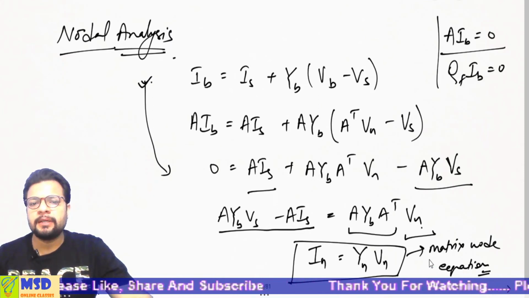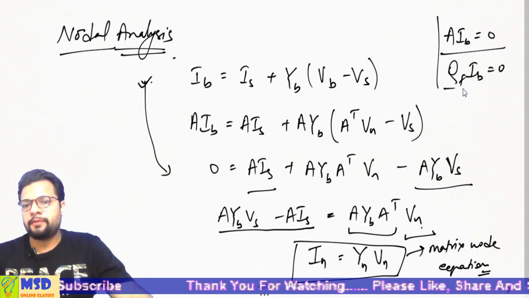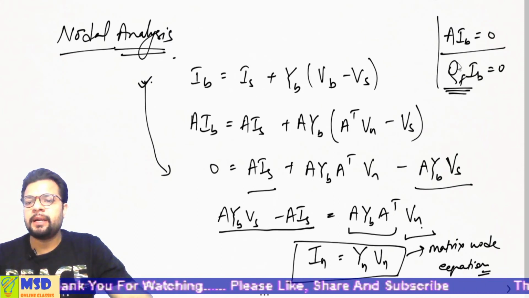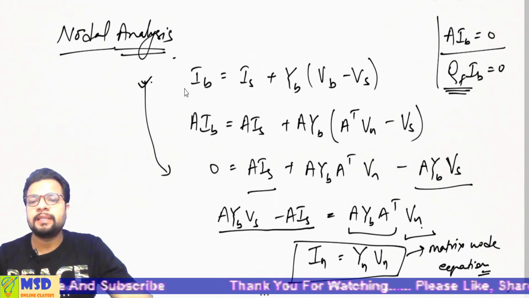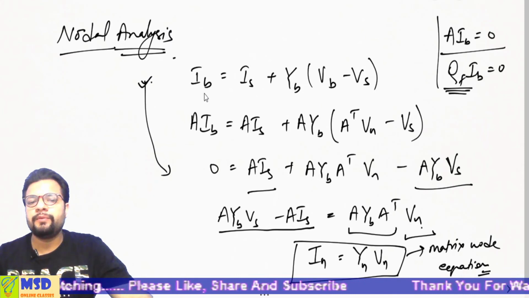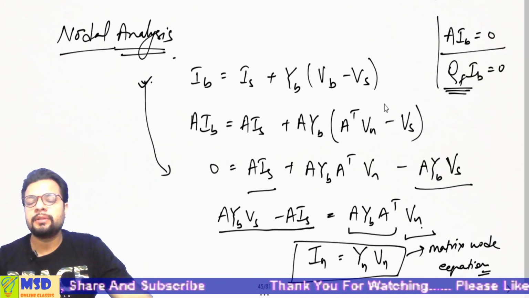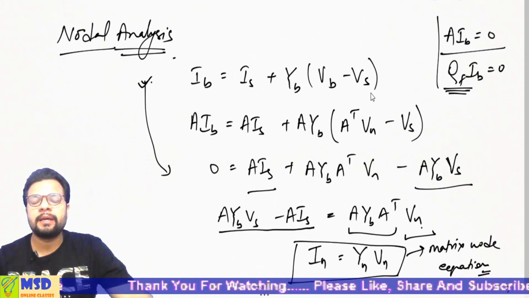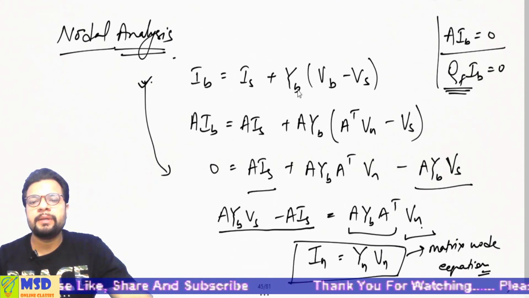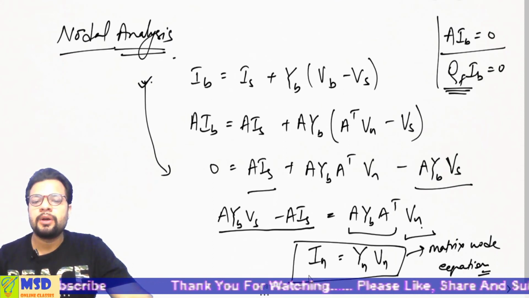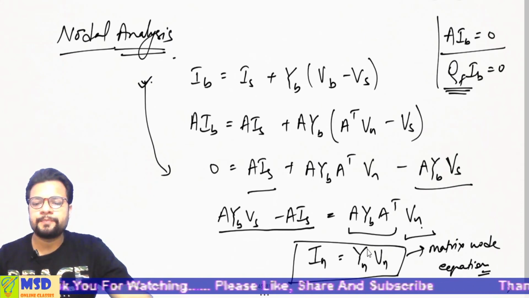Now this is one method. If we would have multiplied this equation with QF, then certainly I would have got QF into VB, and on the right hand side again I can multiply this equation with QF. Now again QF into IB is 0. So similarly we can obtain one more relation.